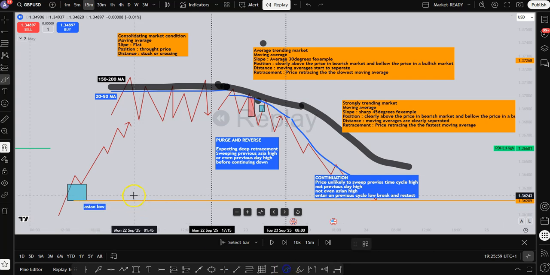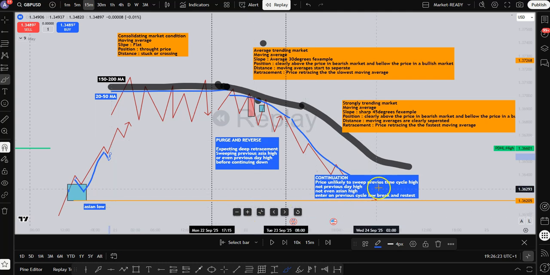But price was never coming down. It was always retracing to half or a third of the Asian range, then going up again. So I spent a week, instead of making thousands of dollars, expecting price to retrace.